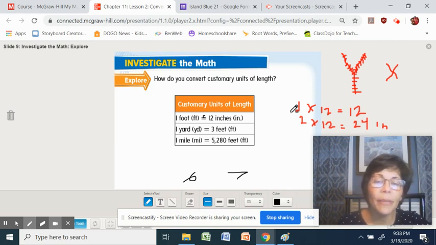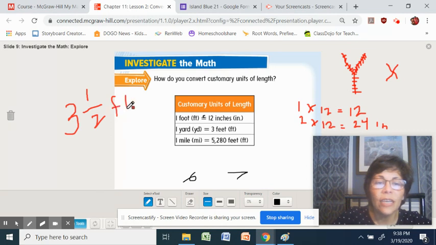But what happens if you're given a mixed number? So let's just say 3.5 feet, convert into inches. When you're given this kind of problem, you always have to start with your whole number first.